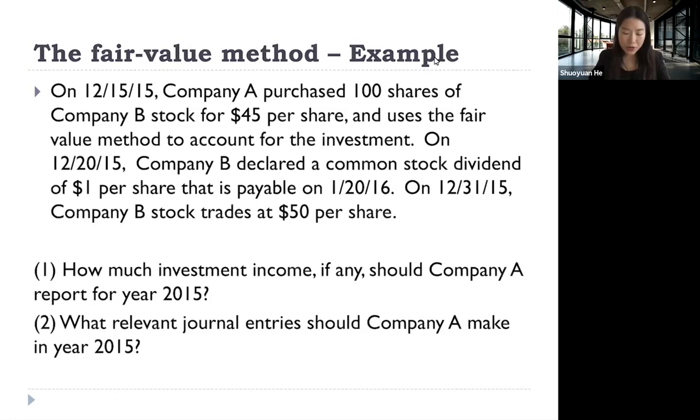So we have two questions here. The first one is, how much investment income, if any, should Company A report for year 2015? And the second question is, what relevant journal entries should Company A make in year 2015? Please take 5 minutes to work on those questions on your own, and then you can move on to look at my solution to this problem.